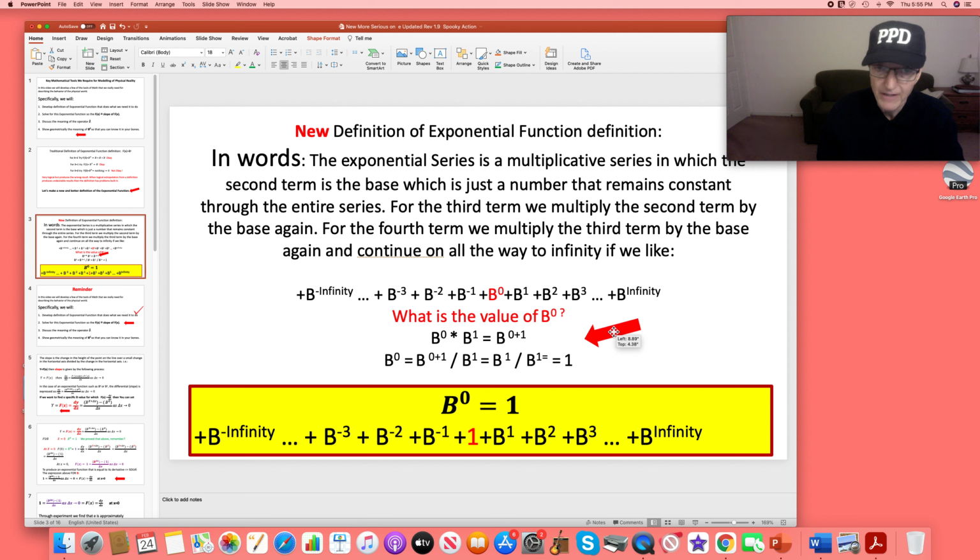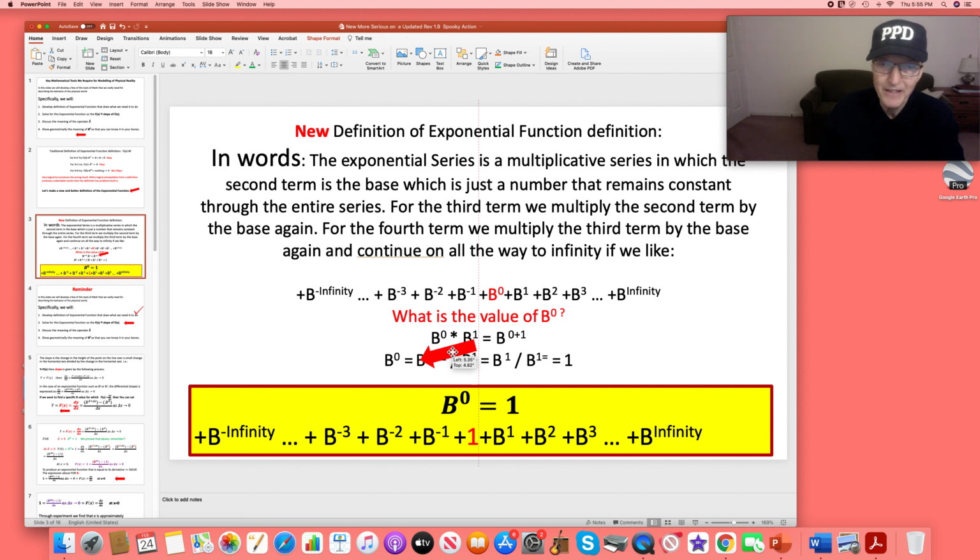So great, that's good now. Now I can divide both sides of this expression here, that I'm running the red arrow over, by b to the 1, okay? So it cancels out on the left-hand side of this expression. You just get b to the 0. And on the right-hand side, you get b to the 0 plus 1 divided by b to the 1.